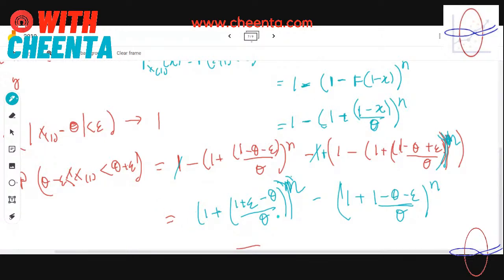It turns out the theta gets cancelled, and you get (1 minus epsilon by theta) times (1 plus epsilon by theta) whole to the power n, minus (1 minus epsilon by theta) whole to the power n. Okay. Can you show it from here?